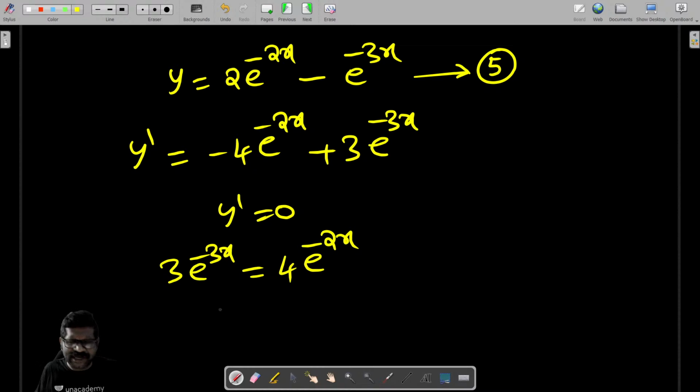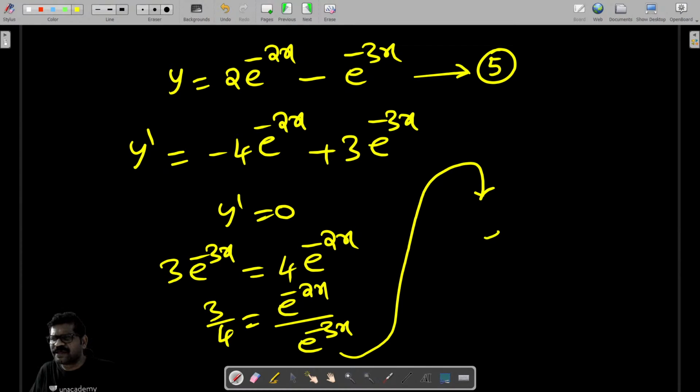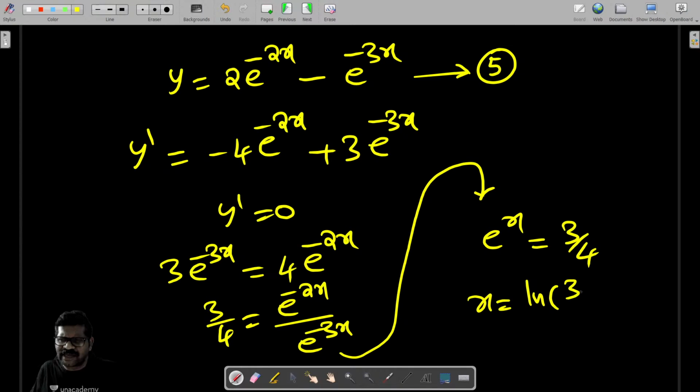From this we can write e power minus 3x by e power minus 2x, or 3 by 4, equal to e power minus 2x by e power minus 3x. From this you can write e power x equal to 3 by 4. Therefore x equal to log 3 by 4.